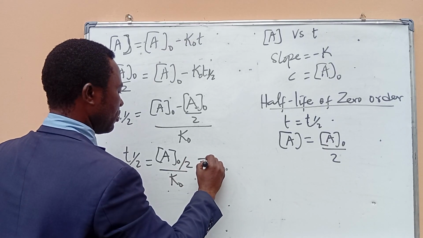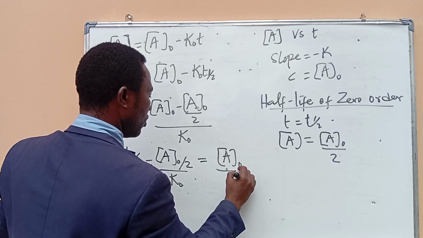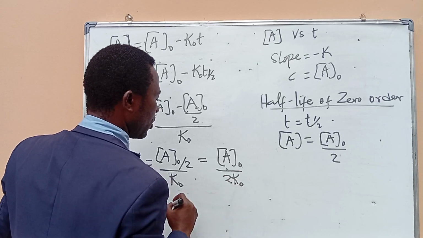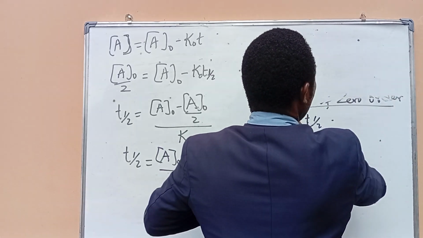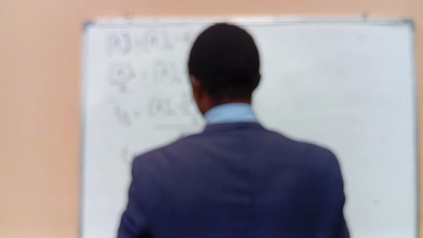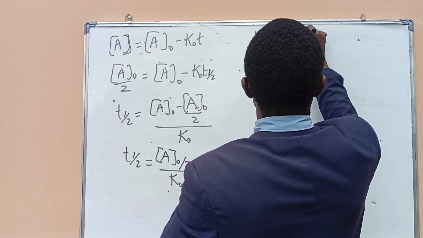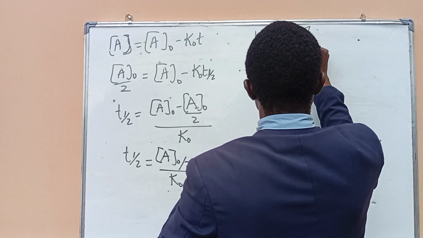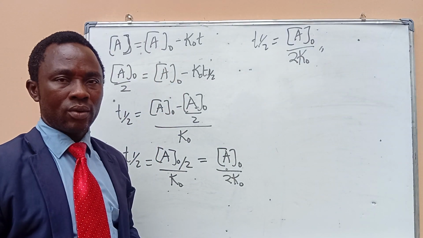So this will become A0 over 2K0. So the half-life T1/2 for a zero order reaction is the initial concentration divided by 2 multiplied by the rate constant. That is where we are going.